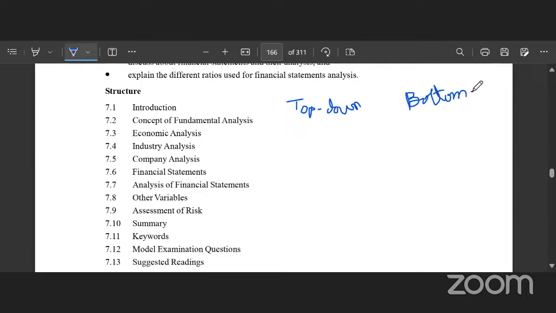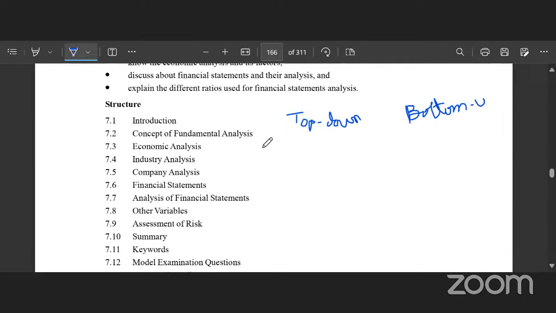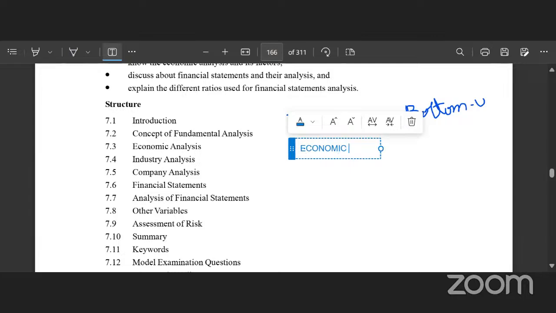In the top down approach, we try to understand economic analysis. So can you see what I'm typing? Industry analysis and company analysis.